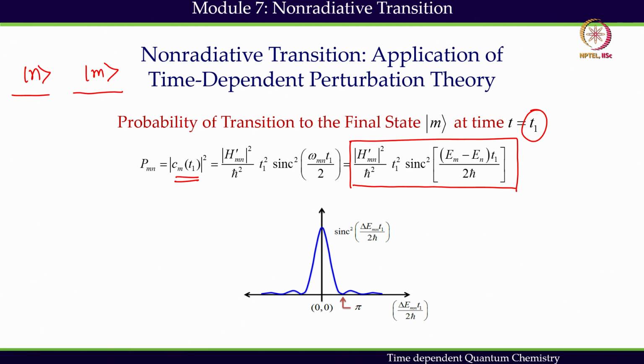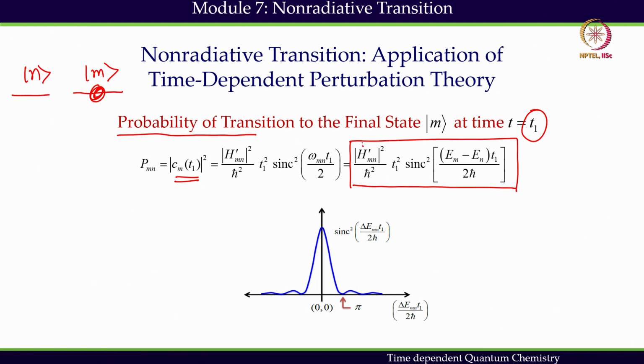So the population at the final state immediately after time t1, when the interaction between the two states is switched off, represents the probability of transition from initial state to the final state. So the probability of being in state m is the probability of transition from state n to state m due to the constant perturbation.